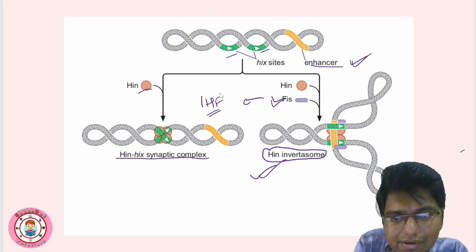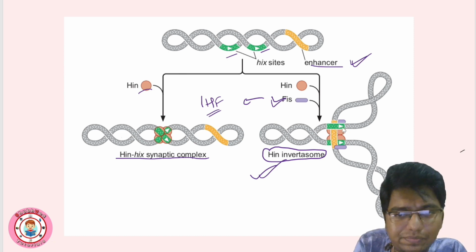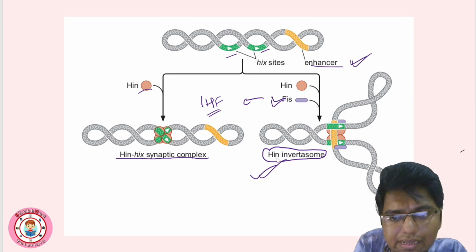It is an architectural protein causing bending of DNA. Same here, this is also causing a bend in the DNA, as we can see in the diagram. The bending has been caused, the sites come closer, and inversion has occurred.